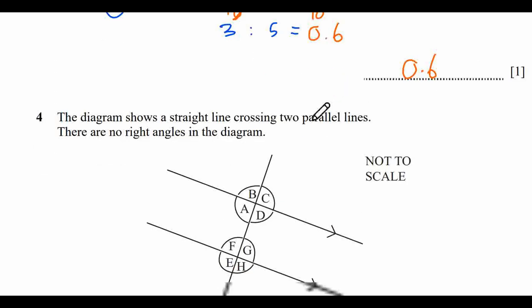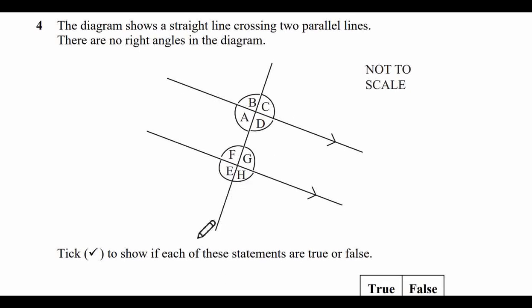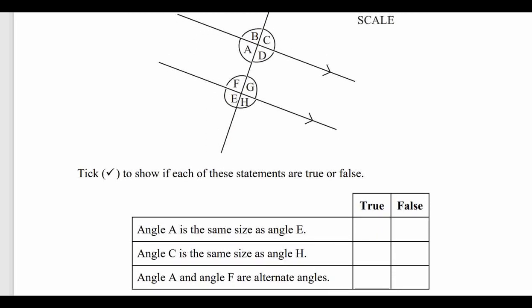Right. Question 4. The diagram shows a straight line crossing 2 parallel lines. There are no right angles in the diagram. Tick to show if each of these statements is true or false. Let's see the statement.